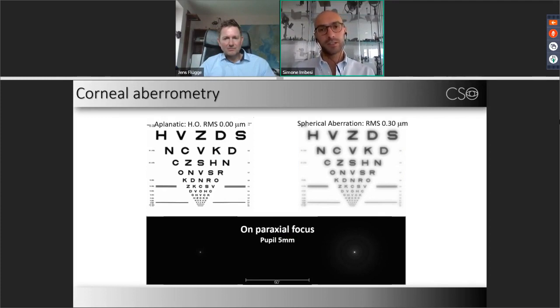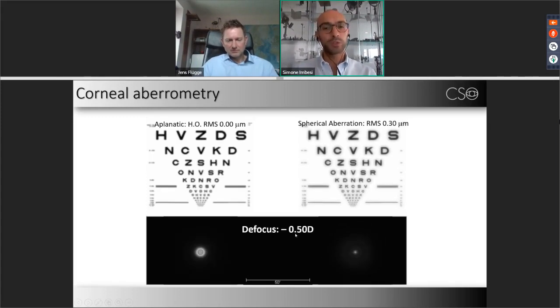To explain what I'm saying, I want to use this example where we are doing a comparison between a diffraction limited system, so an aplanatic system, and another system affected just by spherical aberration. As you can see, starting in this condition, the aplanatic system is way better with respect to the other. But let's try to put in front of the two systems a minus 0.50 diopter lens.